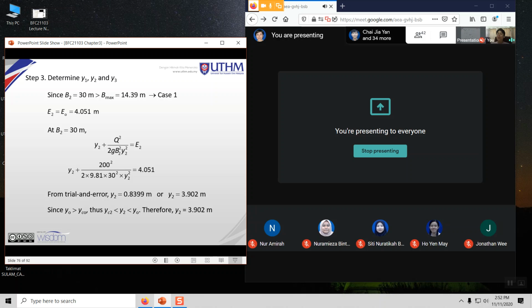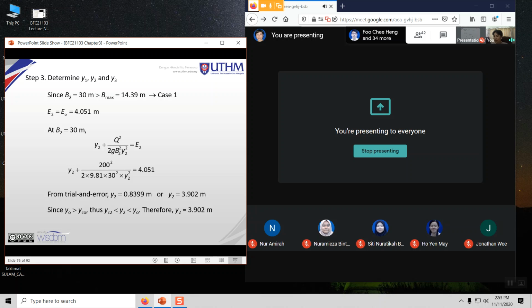Now for case 1, we know that Y1 equals Y0, Y3 equals Y0. That means downstream and upstream don't change. They don't change for case 1. But the depth at location 2 changes because the width changed at location 2.